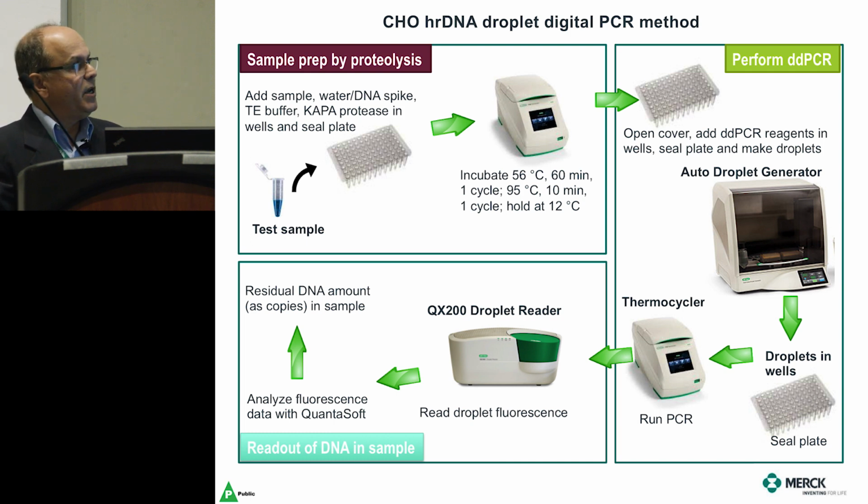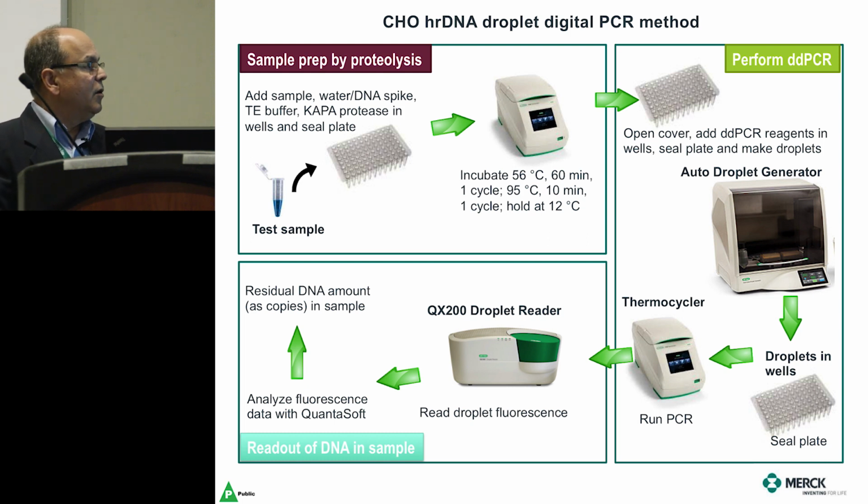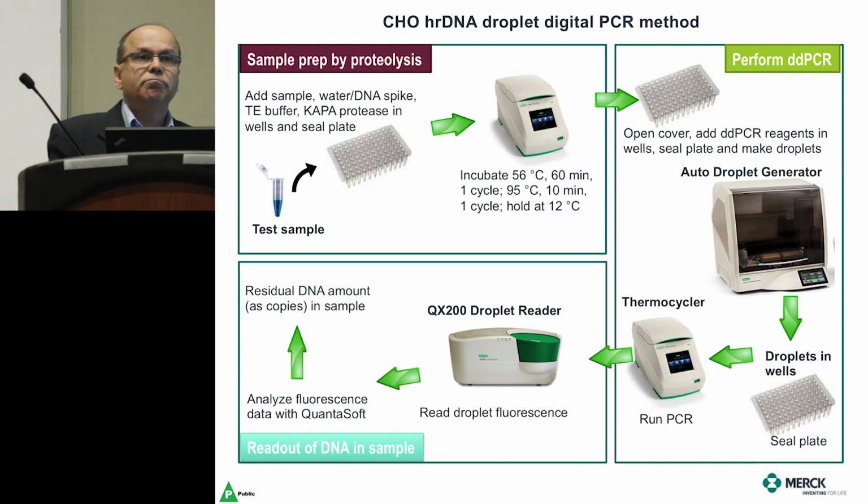We make droplets, we put them in a plate, and run PCR. This can be any PCR because it's an endpoint determination. And then we read the positive or negative droplets. And we have successfully carried out and completed a droplet digital PCR method.